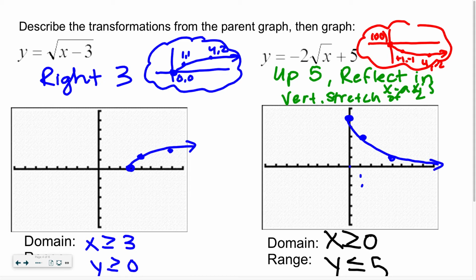This parent graph has been reflected. And now I'm taking this parent graph, I'm stretching it, so it goes lower, and then I'm moving all those points up 5. You should do reflections and stretches first before you move up and down. But your picture, Jayla, should match this plus 5, which is up 5. So it shouldn't be down 5.